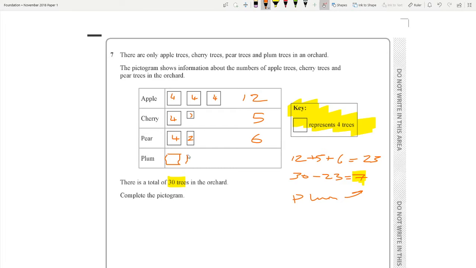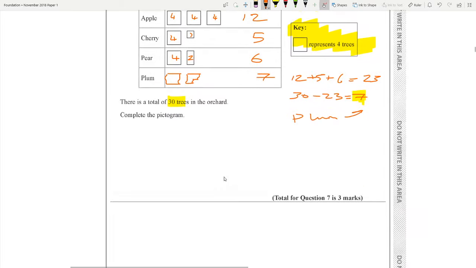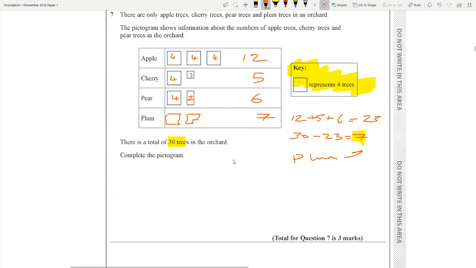So it's going to be a little bit like this, with a quarter missing. Just like that, and that's your 7. 4 and your 3 gives you 7. How many marks is that? 3 marks.